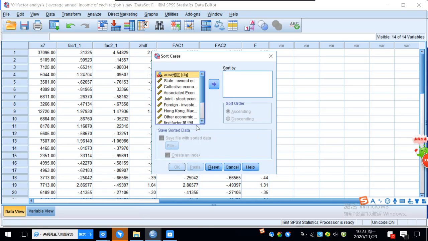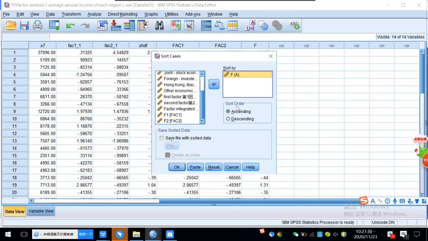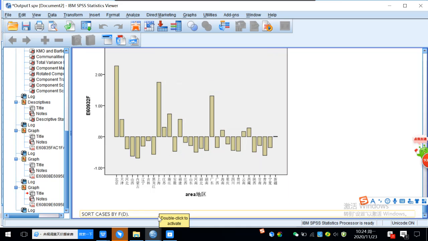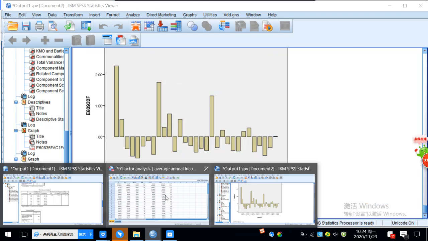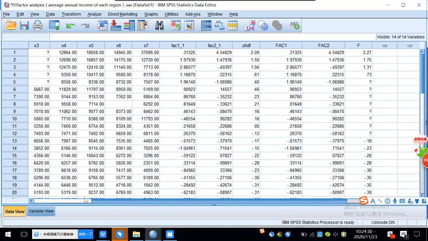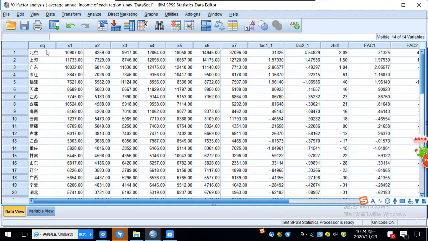Sort by F. Sort order, ascending or descending. I would like to use descending, from the highest to the lowest. Now, all these cases will be from the highest income to the lowest income.